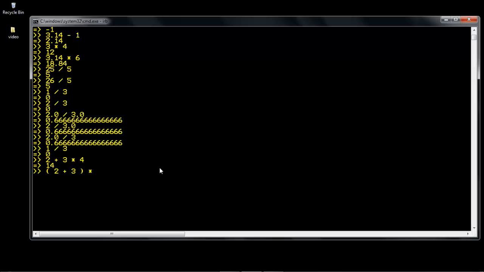You add brackets. Okay, you add brackets. So this will force 2 plus 3 to happen first. 5 times 4. So in programming, you use brackets to force an operation to happen first. Otherwise, if you don't use brackets, you have to refer to the table of operator precedence to determine which operator will have priority.